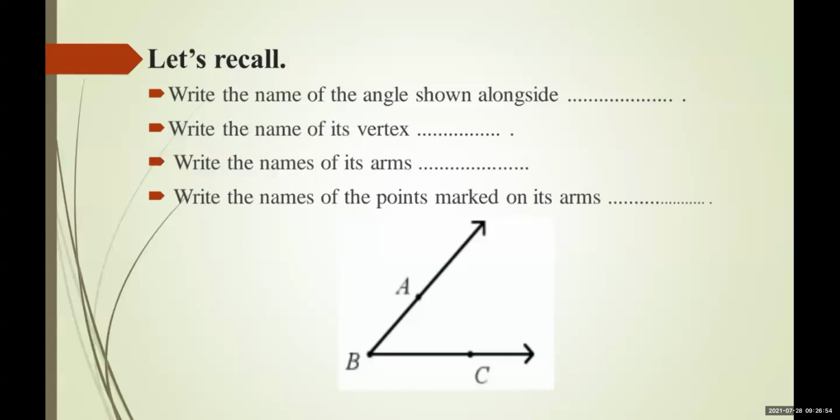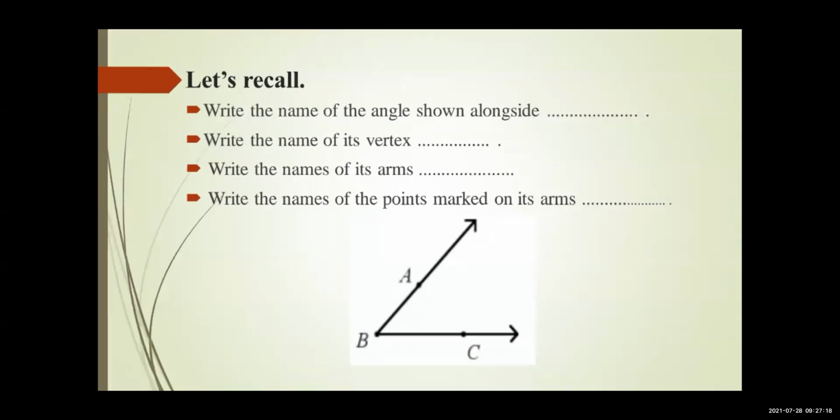Before starting our main topic, I just want to recall some things which you already know. First question, I want answers from your side. Write the name of the angle shown alongside. What is the name of the angle?